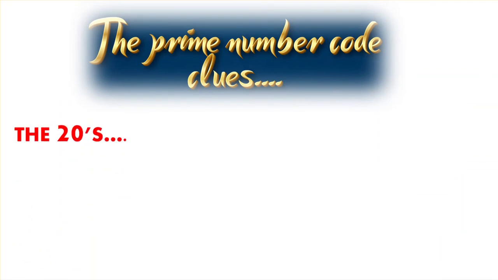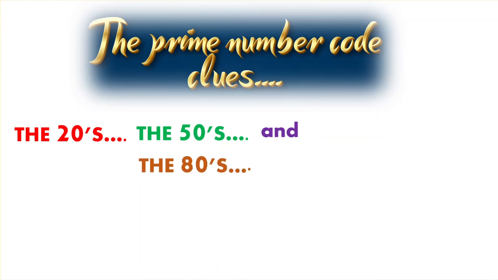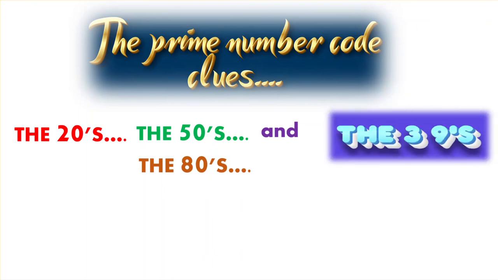Clue number 2: the 20s, the 50s, and the 80s. So 20s, 50s, 80s share something in common. So let's see what they share in common. They share 3 and 9.